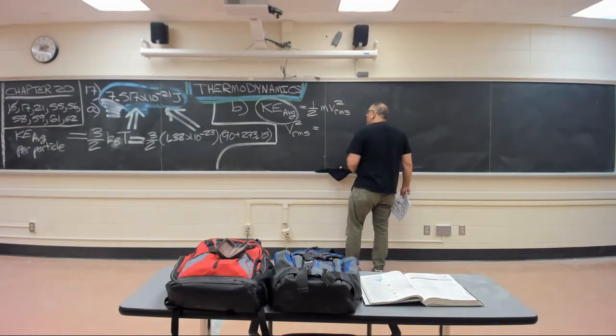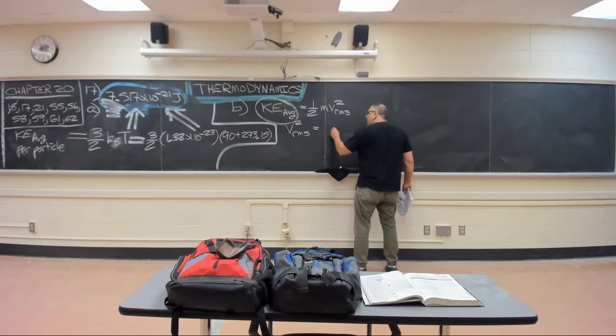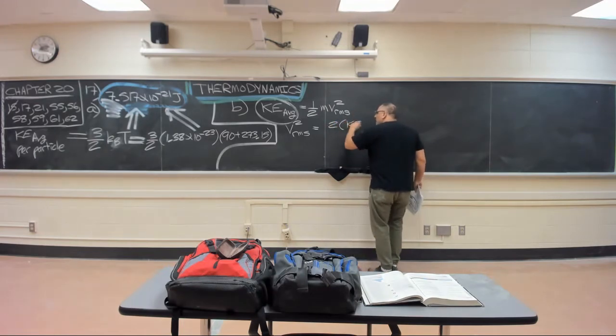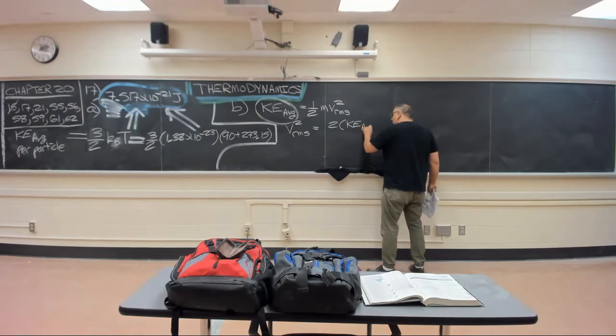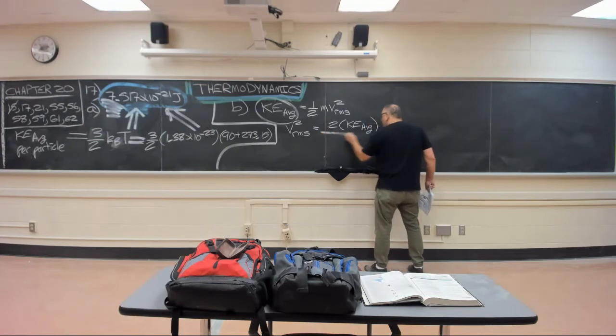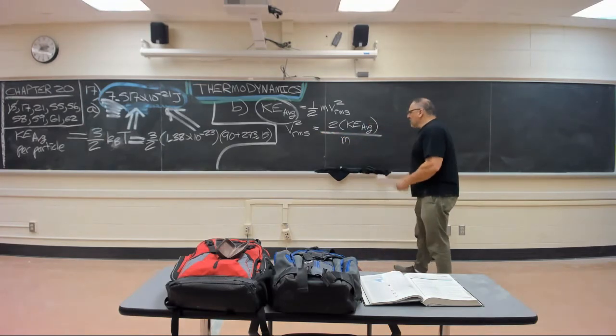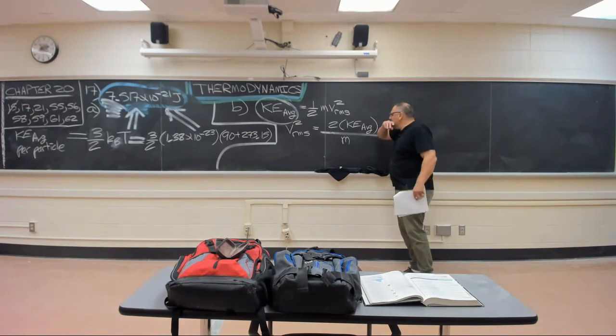You've got VRMS squared; multiply by 2 on each side and divide by m. KE average per particle, divided by m. You know it's just for one particle now. If it was all the kinetic energy put together, it'd be N times that, and then I'd have all the mass that's in there as well.